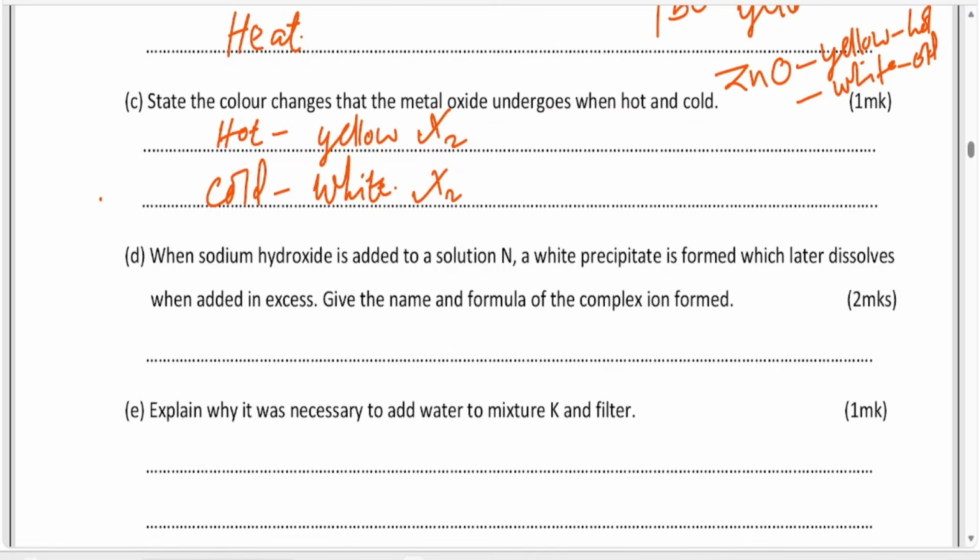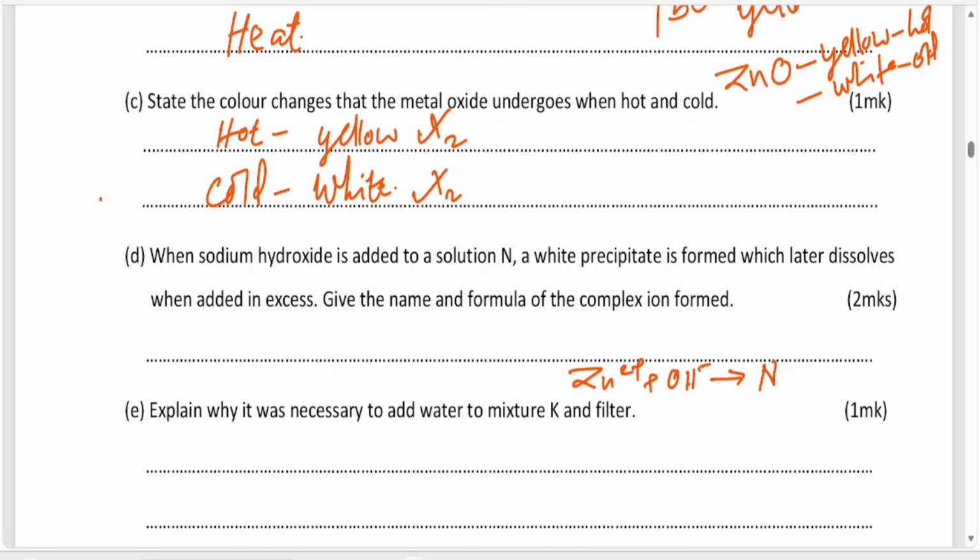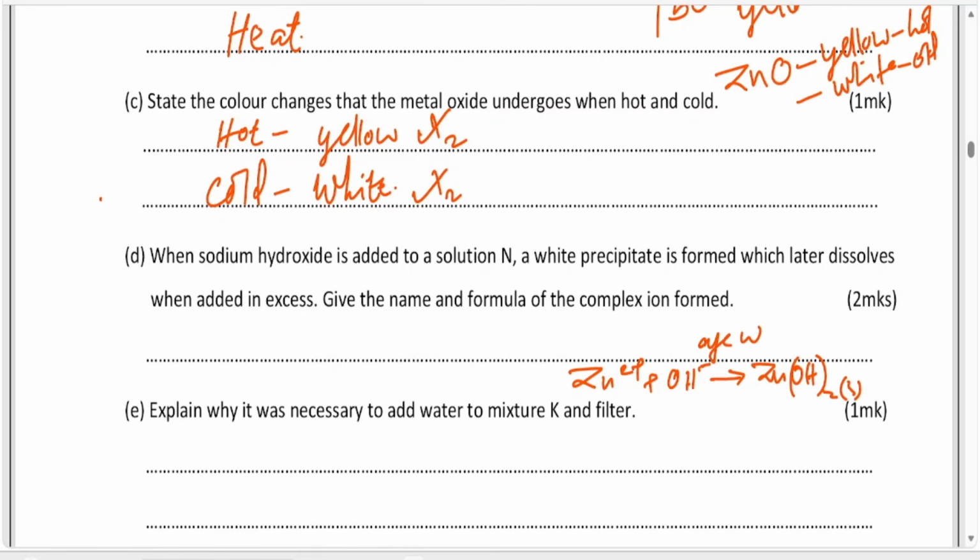And we had seen before, when I add a few drops of sodium hydroxide, we always obtain a precipitate of zinc hydroxide, which is a solid white precipitate. This is when we have added a few drops of sodium hydroxide.